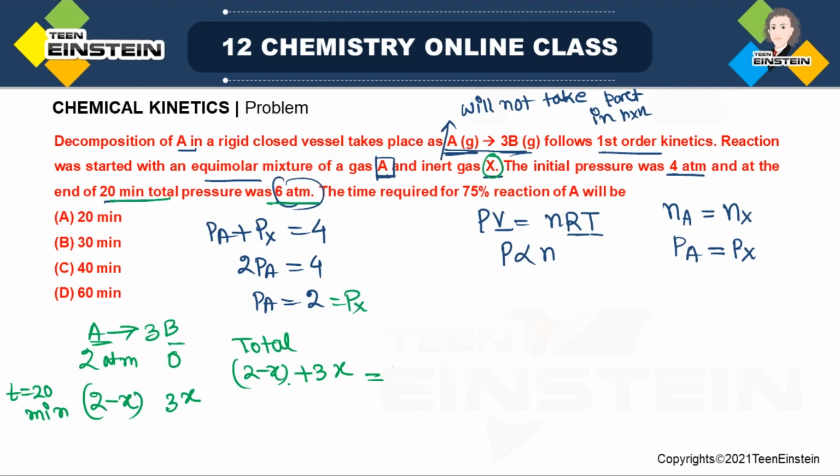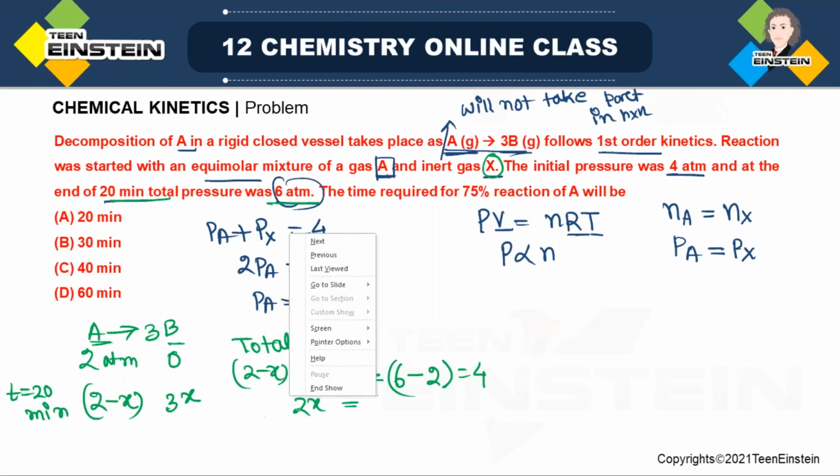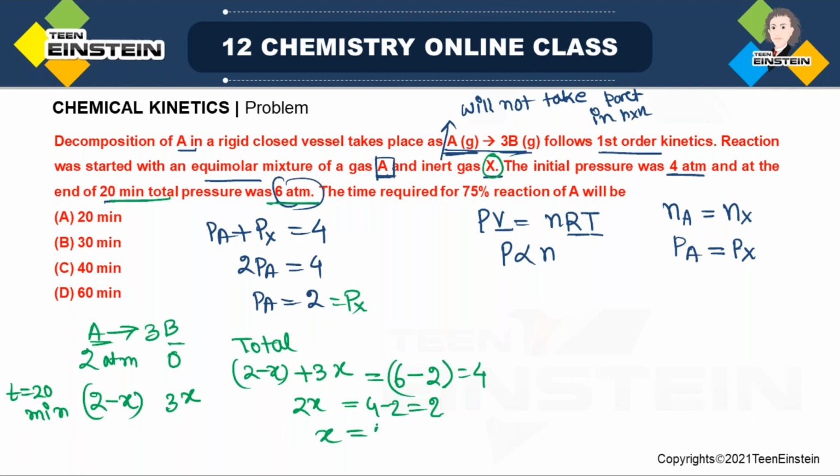So if we want to express only the total pressure of A and B, that is reactant and product, not X, because X is not taking part in reaction, we have to deduct the value 2. So this is ultimately 4, and here 2X equal to 4 minus 2, which is 2, so X is 1. So now we know the value of X.